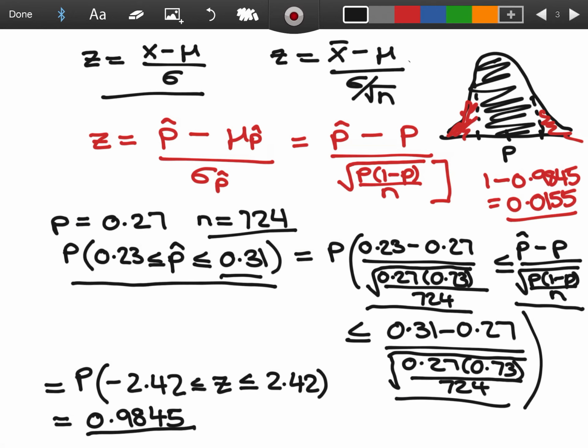It's very much the same as what we did with our sample means. You just have to be aware that the standard deviation of the sample proportions is now different. So just remember what your z transformations are for your sample means and what they are for your sample proportions.